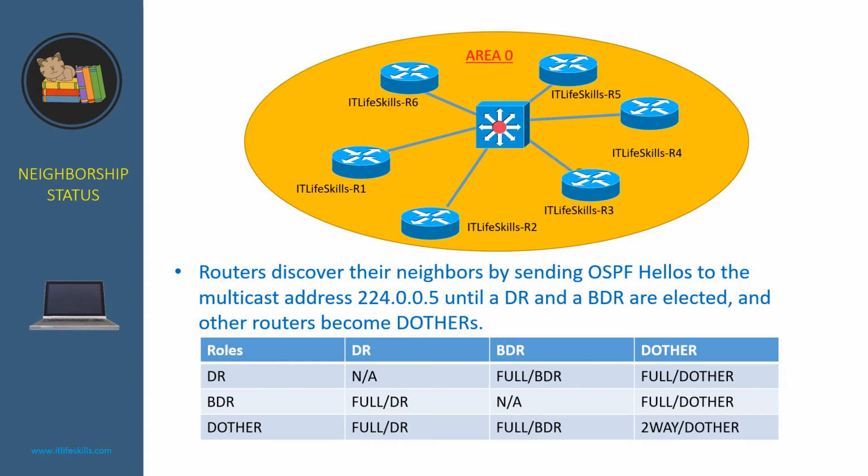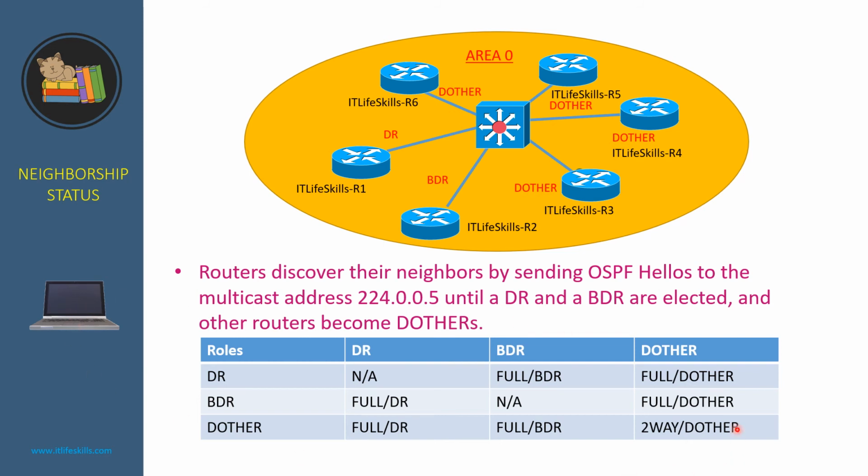Let's now talk about the neighborship status in a broadcast network. As you may know, routers discover their neighbors by sending OSPF hellos to the multicast address 224.0.0.5 until a DR and a BDR are elected and other routers become the others.